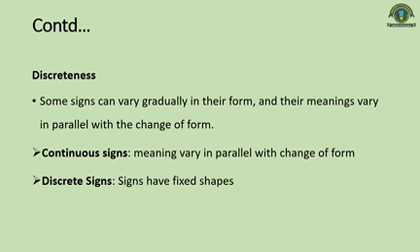Continuous signs are necessarily iconic, and arbitrary signs are necessarily discrete. So you have to remember that continuous signs are necessarily iconic, and arbitrary signs are necessarily discrete.